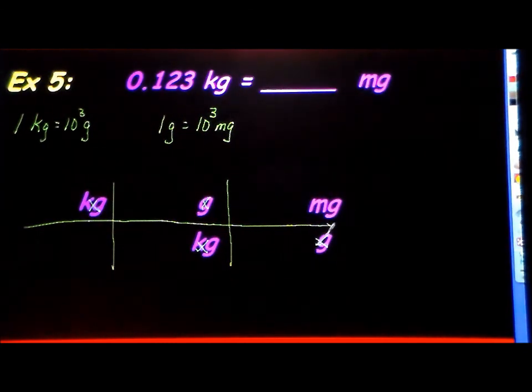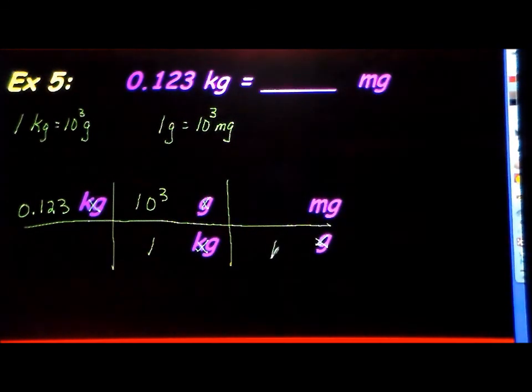So let's go back and fill in all of the numbers. The original problem is 0.123 kilograms. From this conversion, I know that 1 kilogram is 10 cubed grams. And from this conversion, I know that 1 gram is 10 cubed milligrams. Notice my final answer will be in milligrams.